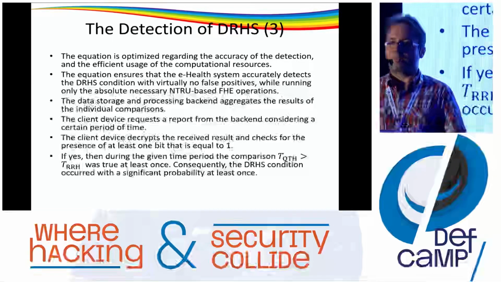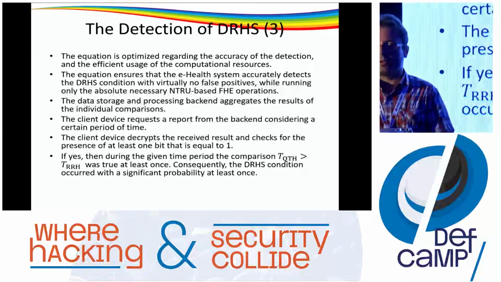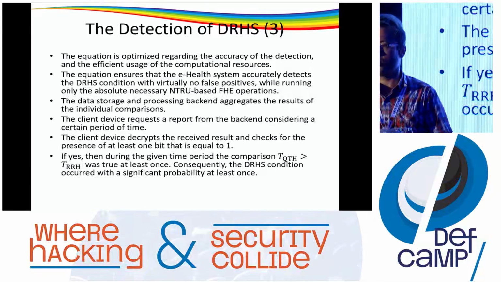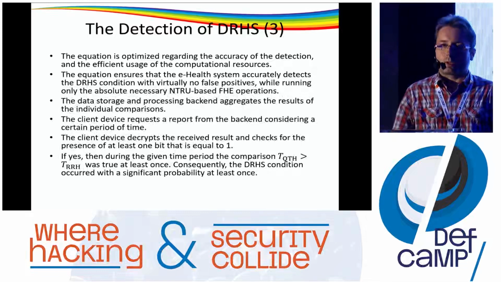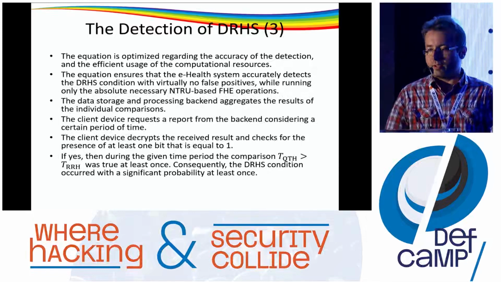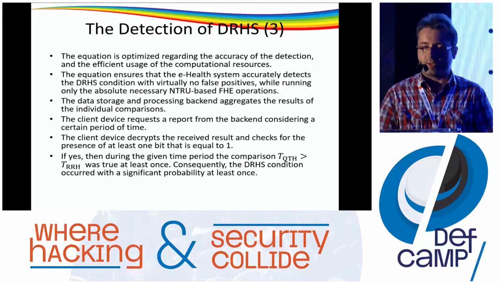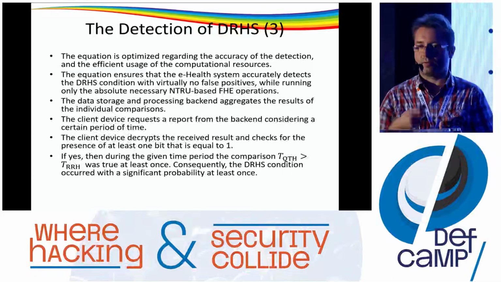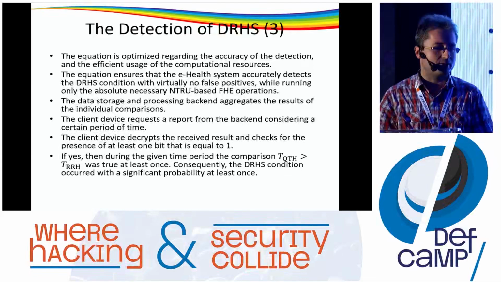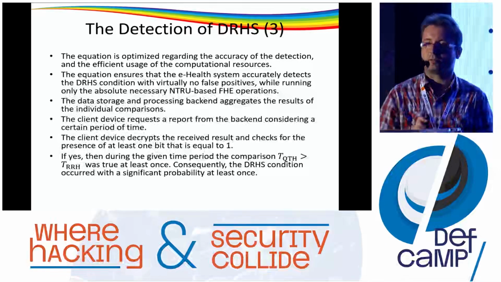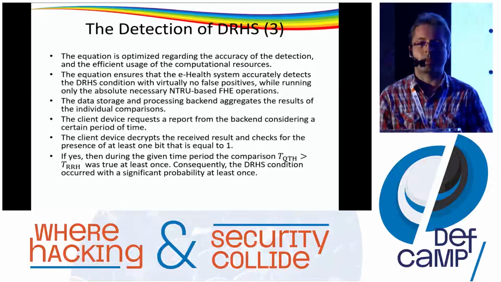So basically, just to offer you a glimpse on how the homomorphic process occurs in this case, the cardiac rhythm data is collected for the given patient. It is being sent to the backend. The backend performs the computation, and then at the patient's request, the results are being sent back to the user's smartphone.